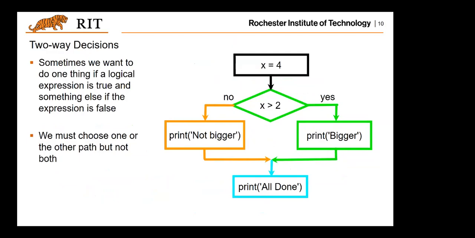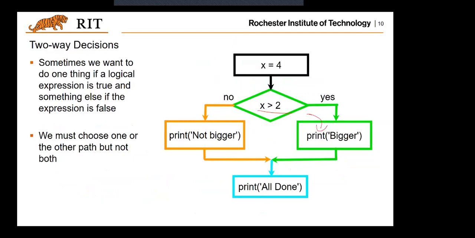As I mentioned, there are two-way decisions. For the two-way decisions, you just set up one condition, in this case whether x is bigger than 2. If the answer is yes, a block of code will be executed.